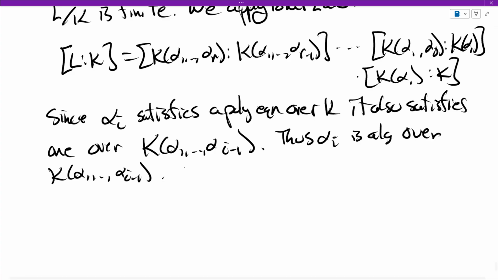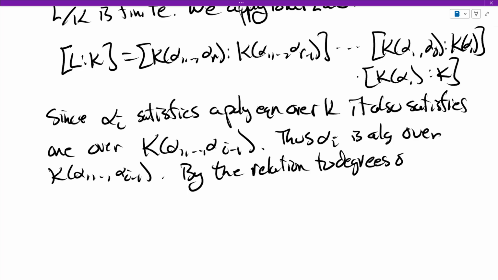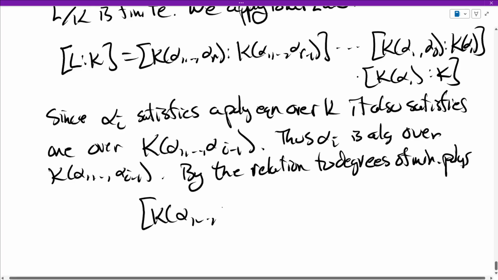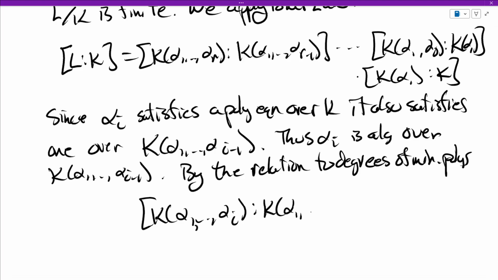All right, so by the relation to the degrees of minimal polynomials, each time we add in a new alpha, the extension is finite.